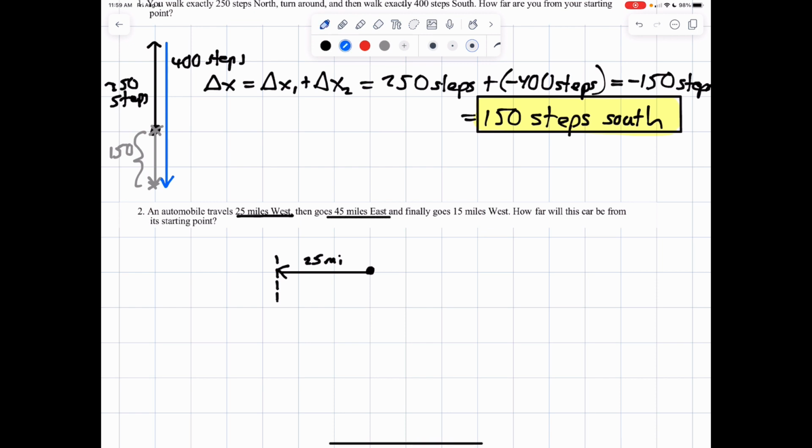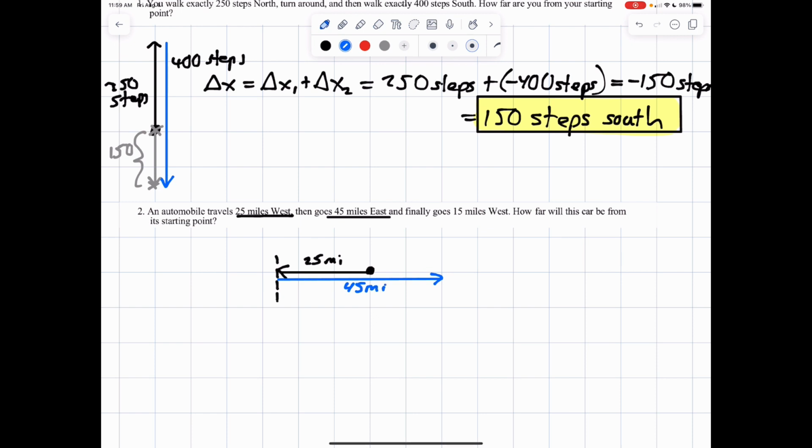I'm going to do a different color, and I'm going to go 45 miles east. That would be 4.5 boxes. So there's the half, 1, 2, 3, 4. That puts the car right here. That's 45 miles going east.